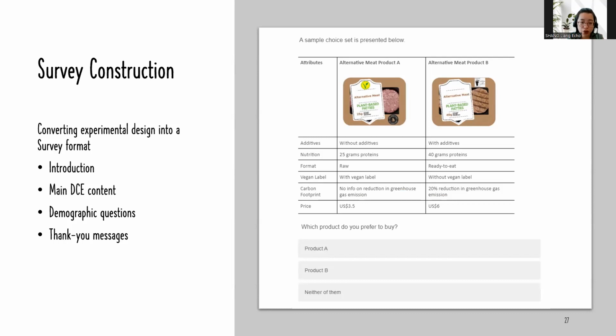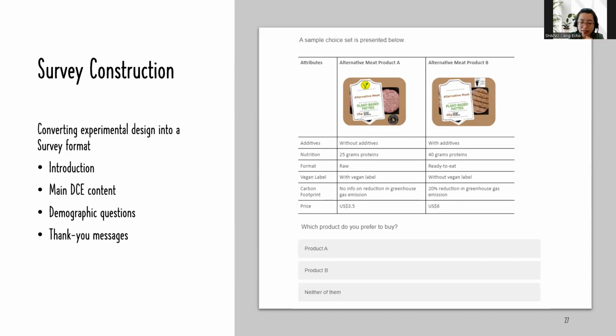Of course, you need to introduce the task, what you expect them to perform. And you need to briefly talk about the logic and the key components involved in your experimental design. What do attributes mean, and what are they expected to do? They are expected to pick an option between 2 different products.